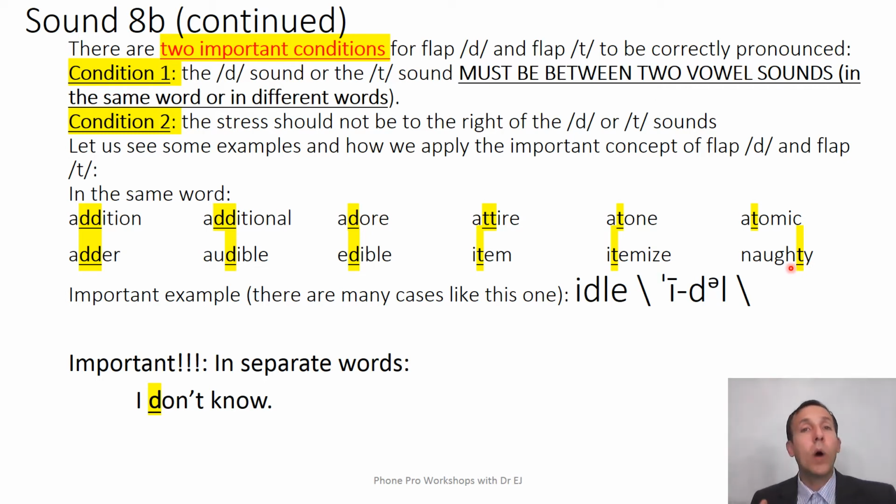But what you have to listen for is the sound, not the spelling. In spelling, condition number one would not be applicable here because you would say H is a consonant, then G is a consonant. So condition number one doesn't apply.